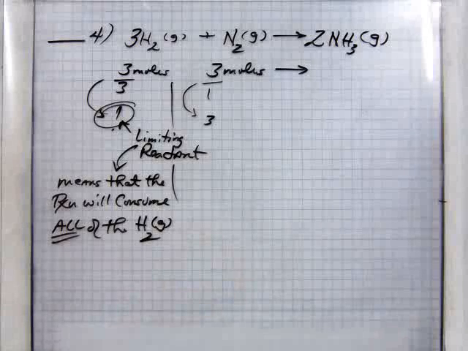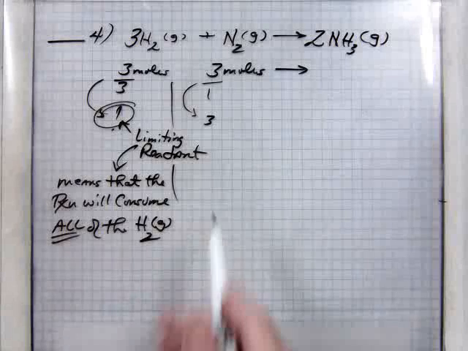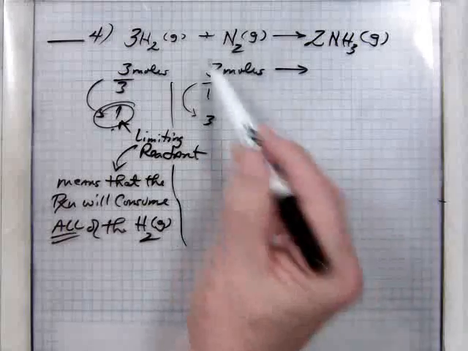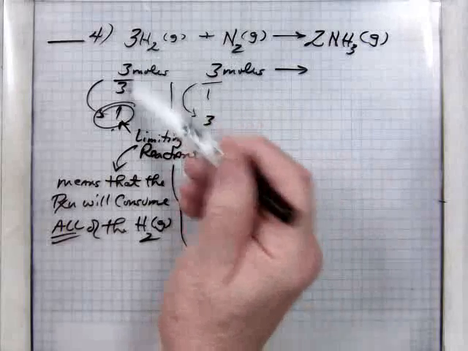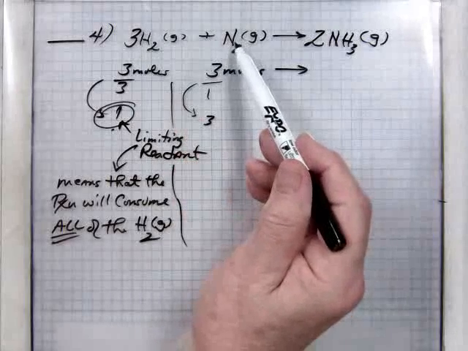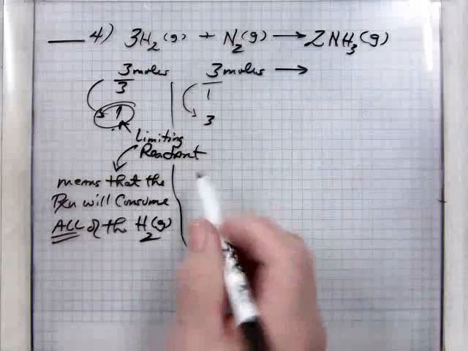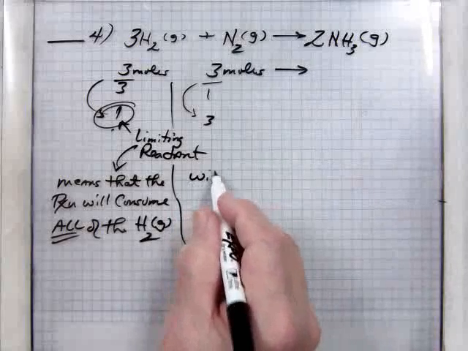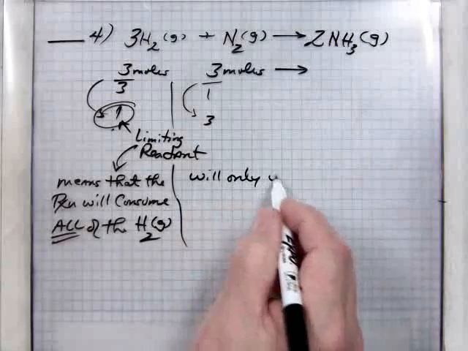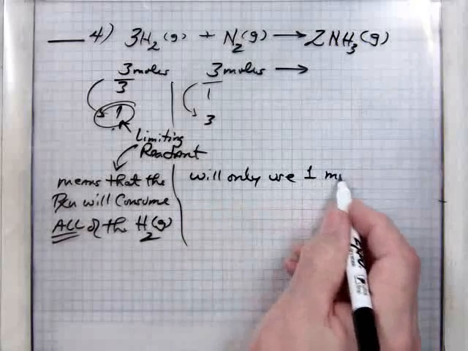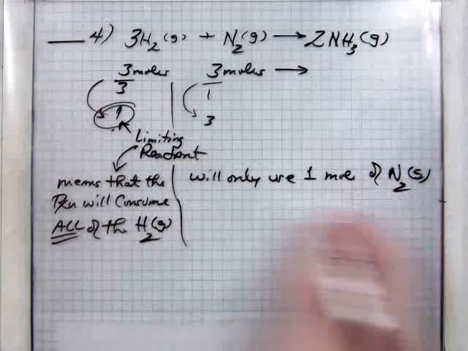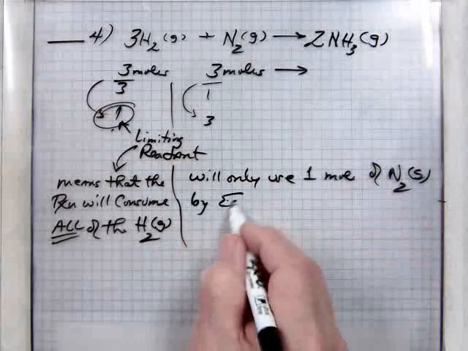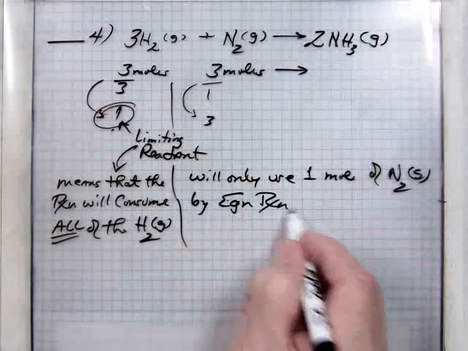It's always the limiting reagent, then the reaction stops right there. Now, in the process, how much of the nitrogen will you use? Well, if we have all of this used, then I'm only going to use 1 mole of N2 gas by equation reaction ratio.